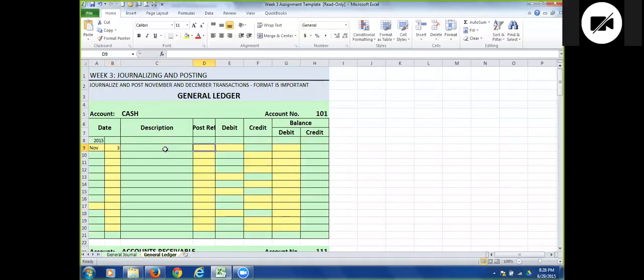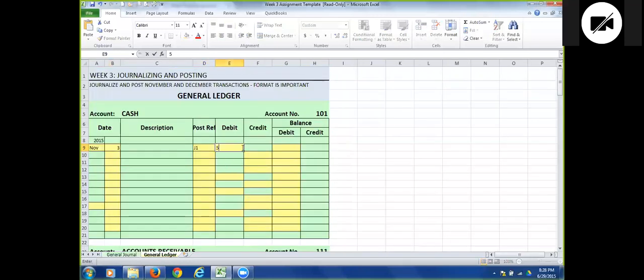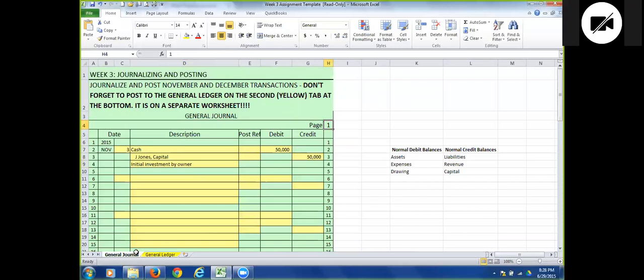The post reference is J1, which again means J for General Journal, and then 1 for page 1. And then it's a $50,000 debit. And then the balance, since the beginning is 0, that means your balance is 0 plus 50,000, 50,000. And then we want to take the account number 101 and put it in the post reference.